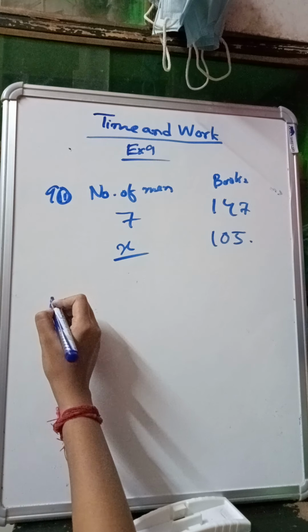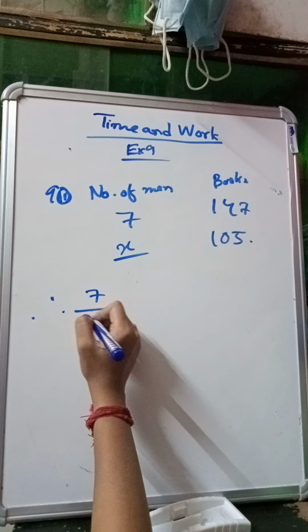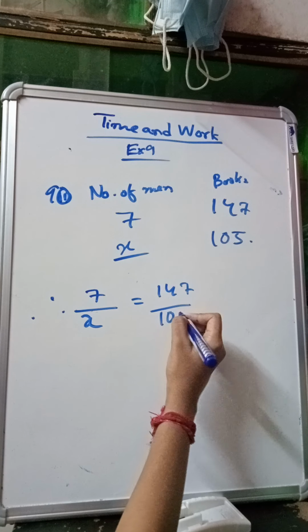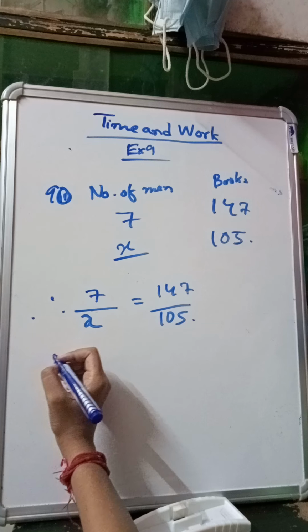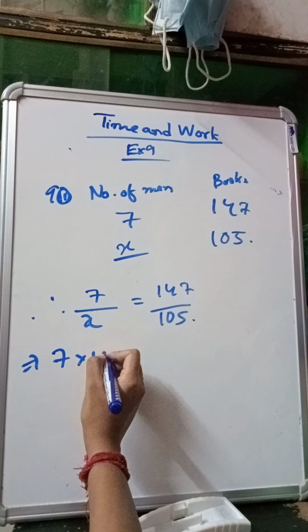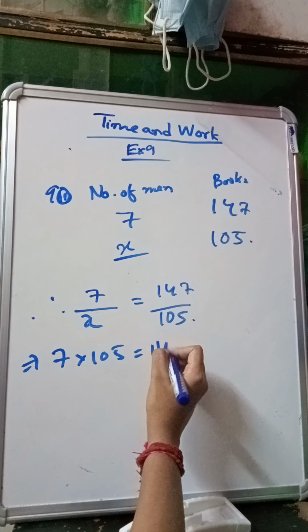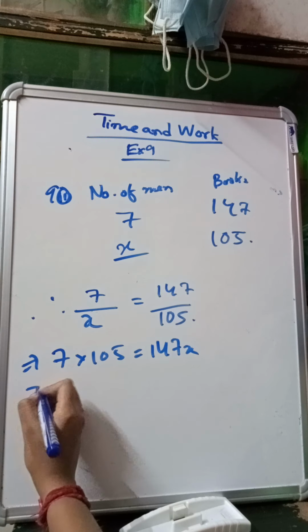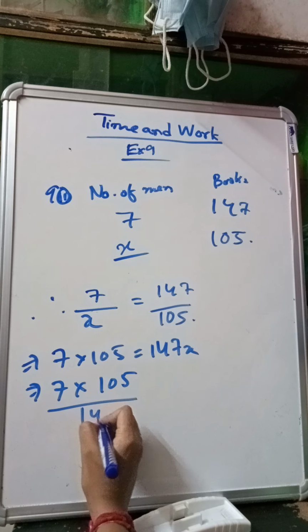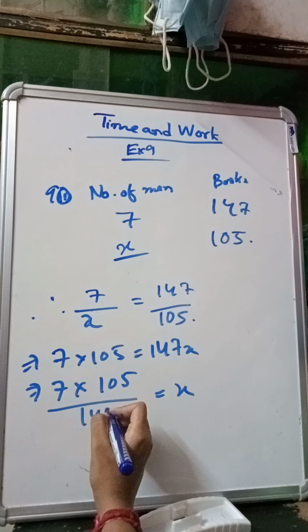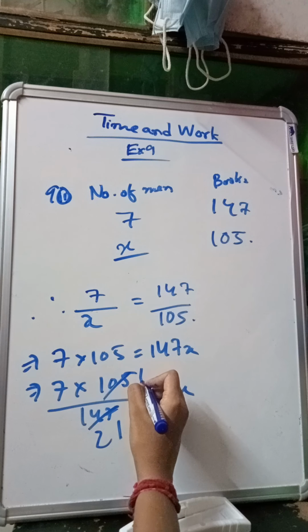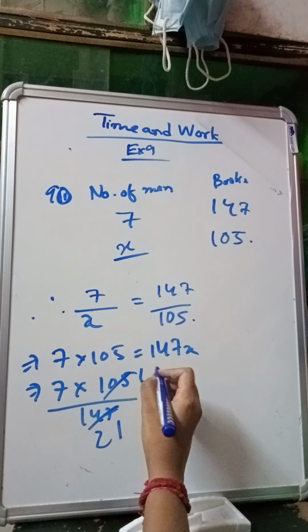So we can write like this: 7 by x is equal to 147 by 105. Okay, so here if we calculate 7 into 105, this will go up with 147x. So 7 into 105 by 147 is equal to x. This will cut and we'll get 21, and here we will get 15.